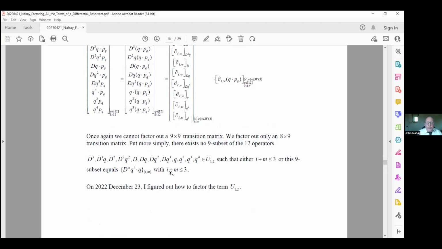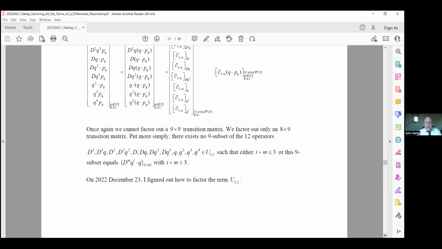So that's the problem. There's no 9 subset of these 12 operators where I plus M is less than or equal to 3, or it's the shift by Q of a set of 9 operators.